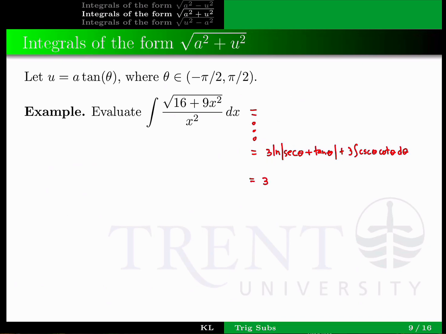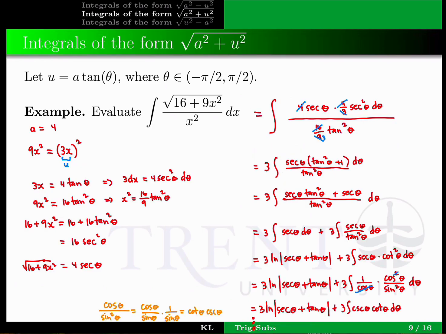So we will have 3 ln absolute value of secant theta plus tangent theta plus 3, or minus actually, becomes minus 3 cosecant theta plus c. Okay, and let us go back to the previous page, because we will need this part here.